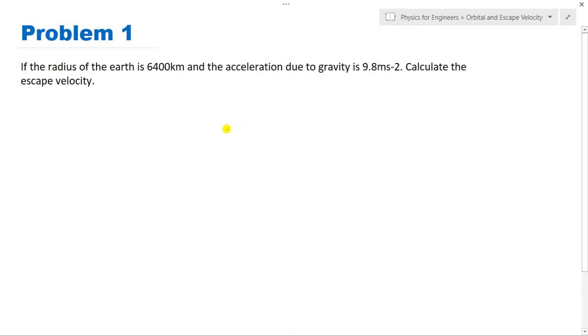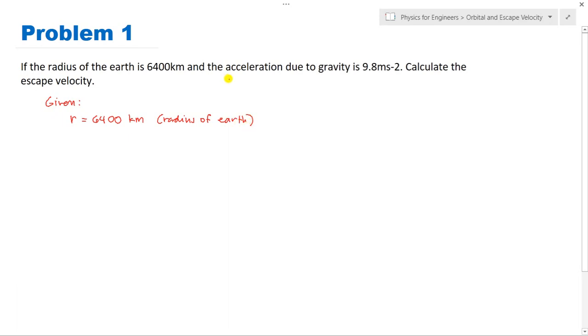So, here, problem number 1: if the radius of the Earth is 6,400 kilometers, so, given, we denote R is equal to 6,400 kilometers, the radius of the Earth.